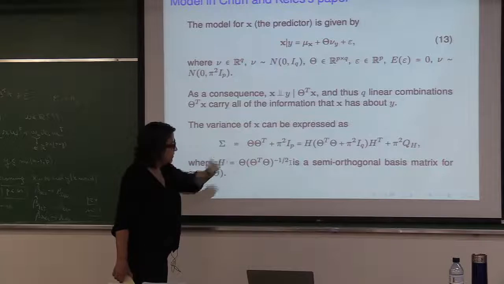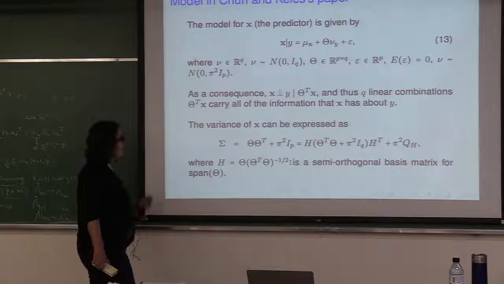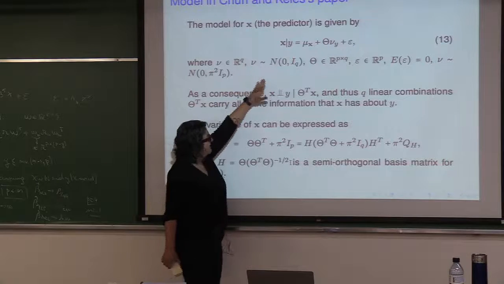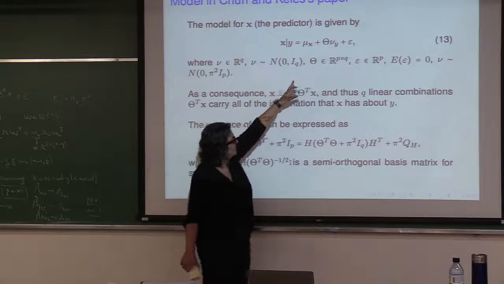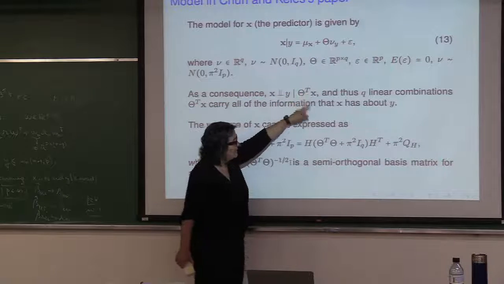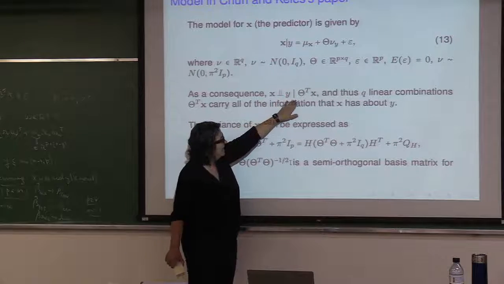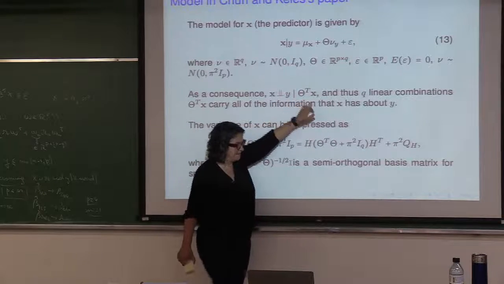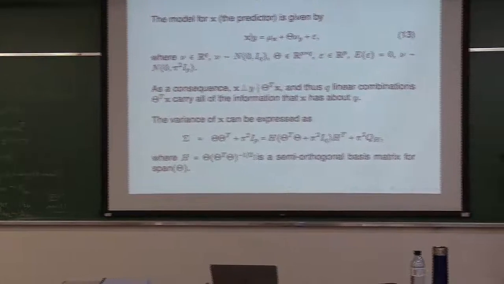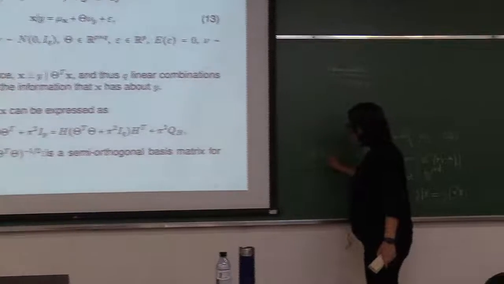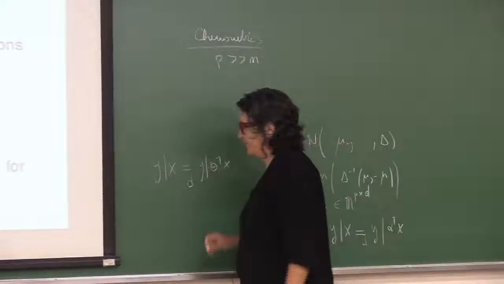And doing the computation that I showed you, even under non-normality, if X depends on Y only through theta, it can be shown in the same way that X is independent of Y given theta transpose X. This translates to Y given X having the same distribution as Y given theta transpose X.